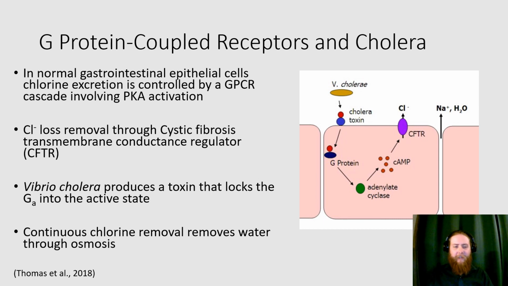You have to take saline solution that also helps to get your salt levels back up, to replace this sodium and this chlorine, because this GPCR is just constantly activated. While normally this process would shut itself off and this activated G protein would deactivate itself and rebind to the GPCR, because of the Vibrio cholerae toxin, it is unable to do so. So it just continues to pump out this chlorine and sodium.